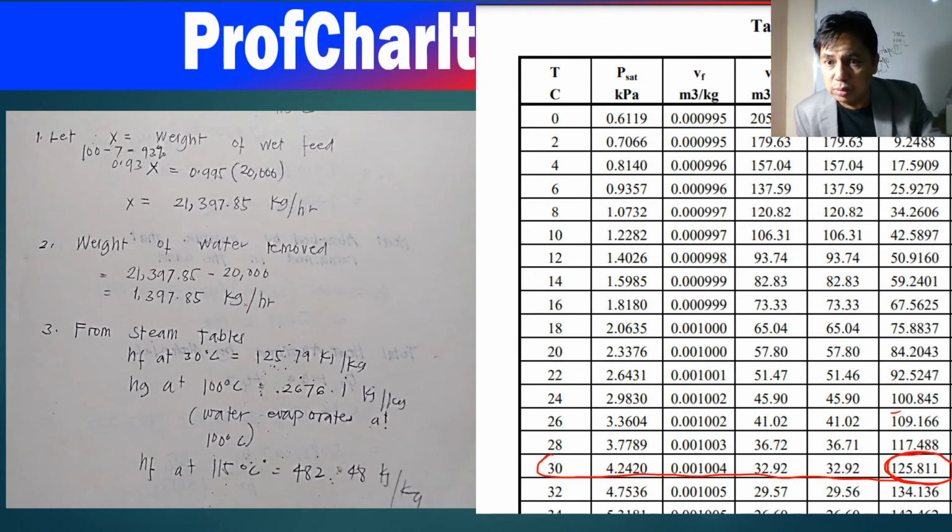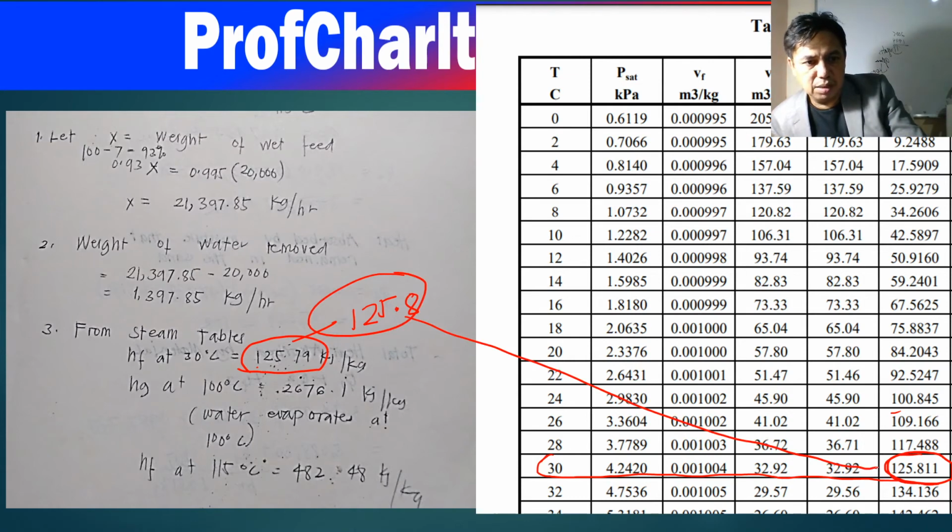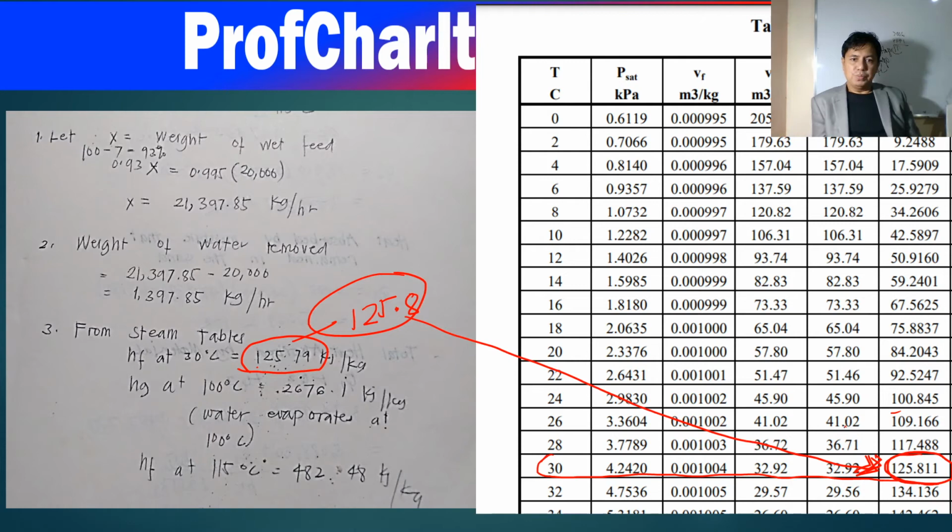Because this is my old notes. This is 125.79. So if you round this, it becomes 125.8. It's pretty near to this, right? So there's no issue. 125.8, 125.811. So the other one is Hg at 100.